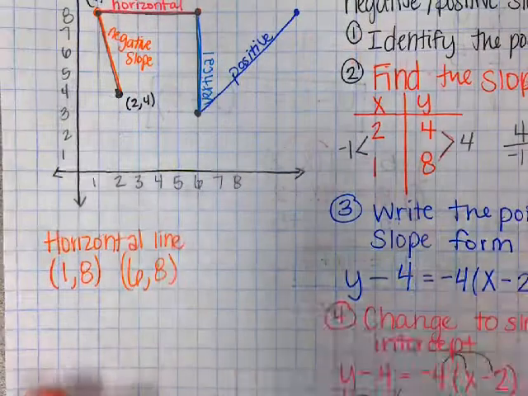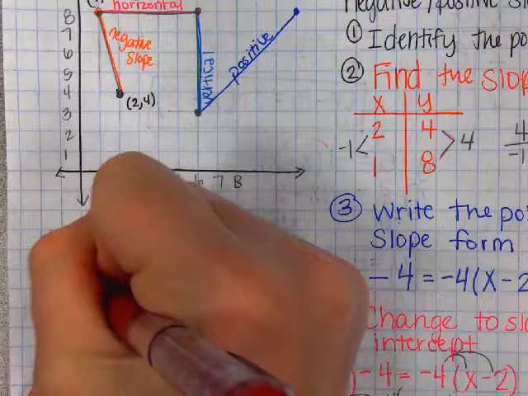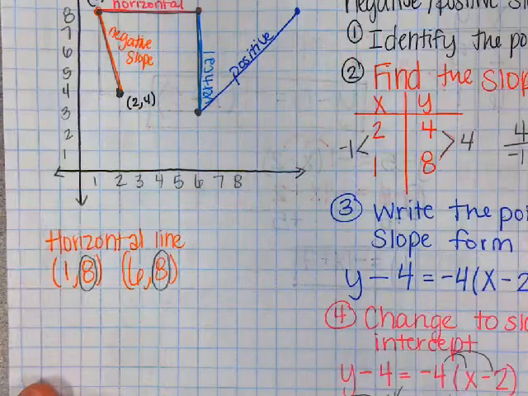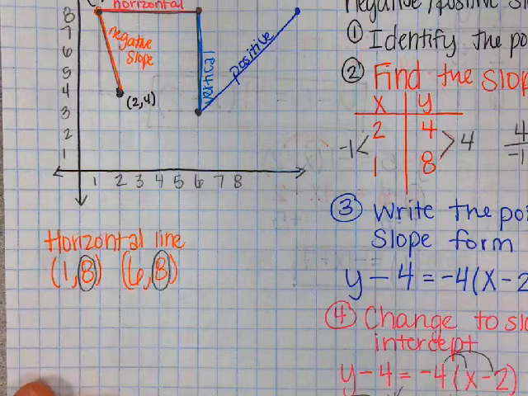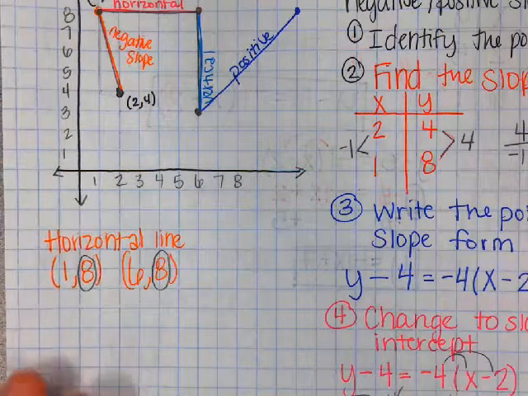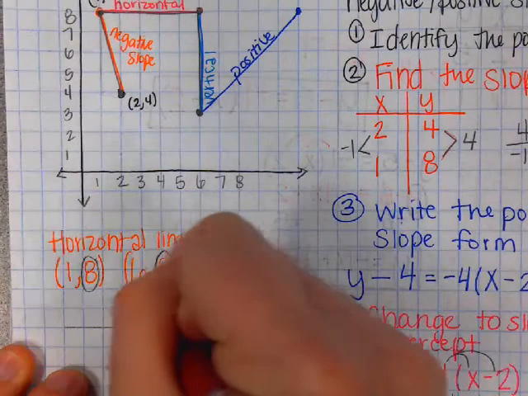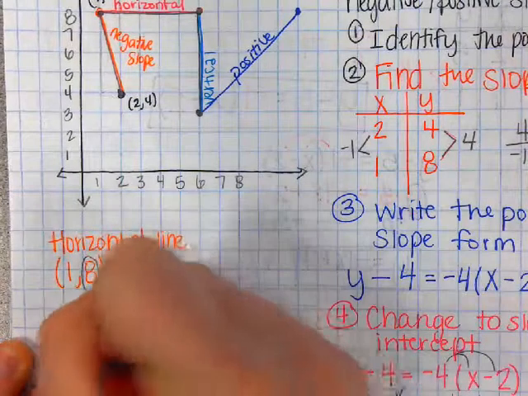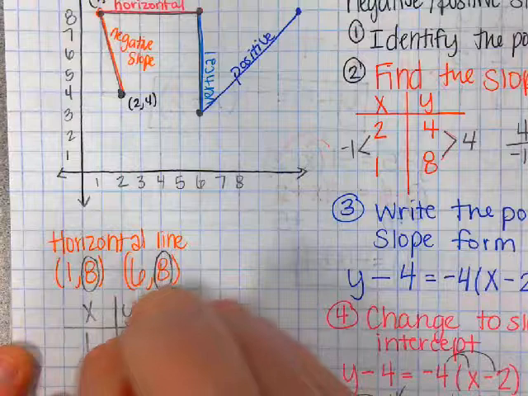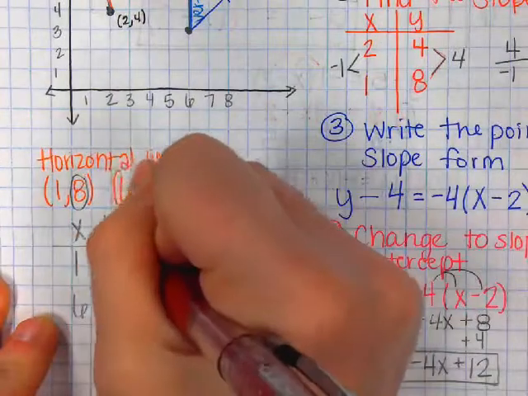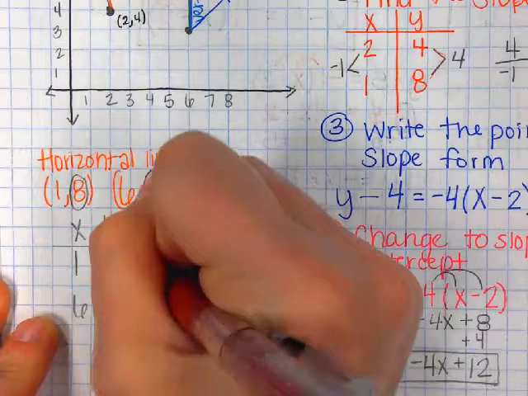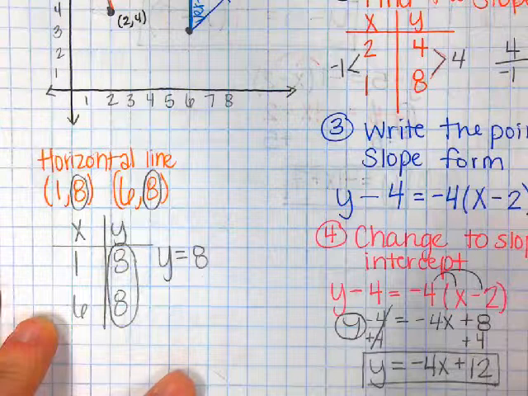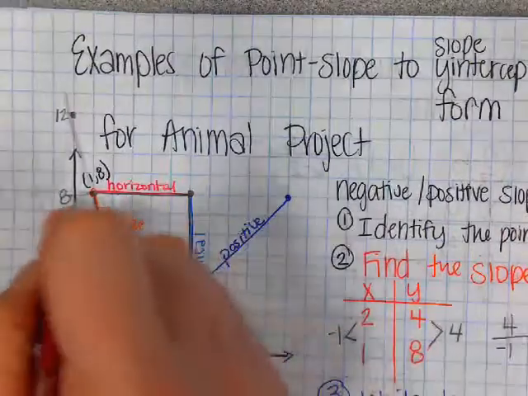Now notice, if you look at both of those, both y values are 8. So these are actually really easy. The horizontal are way easier. So I'm going to put them in a table. So x, y, 1, 8, and 6, 8. If you look, both y values are 8. So your equation is simply y equals 8.